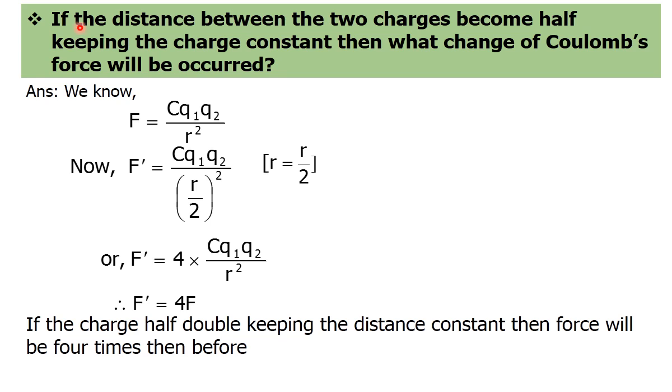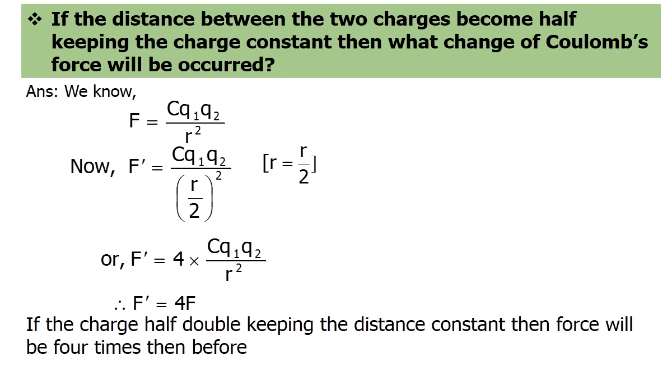Now question 2. If the distance between the two charges becomes half keeping the charge constant, then what change of Coulomb force will occur? In that case we have to calculate the Coulomb force again, but when the distance becomes half but the amount of charge will be equal.